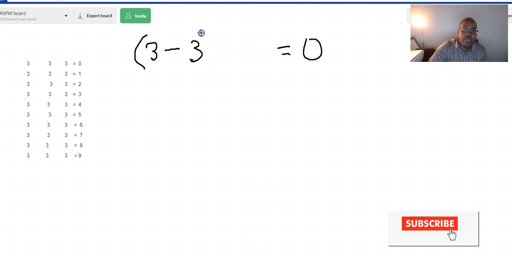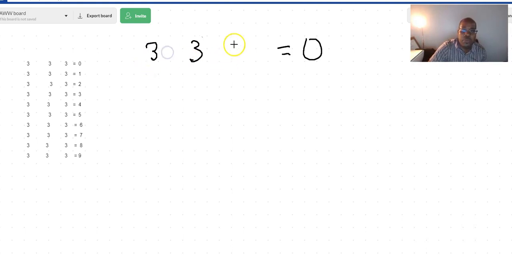Now let's go for the second one. It should be equal to 1. How are we going to have 1?